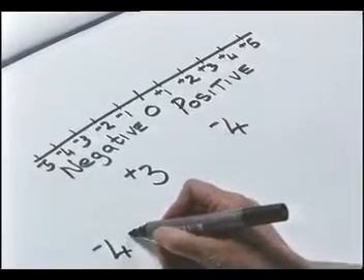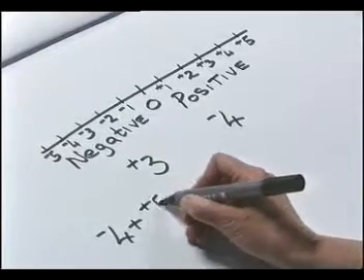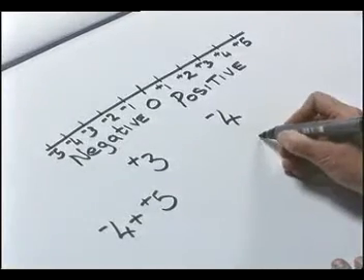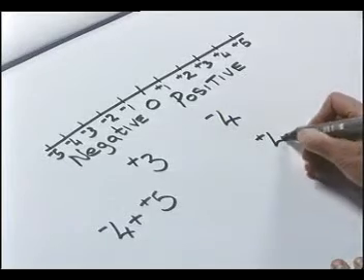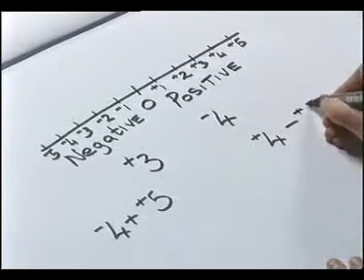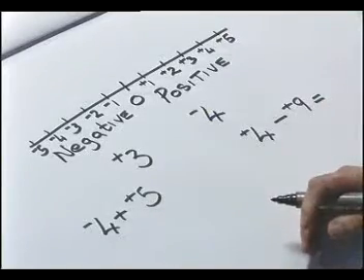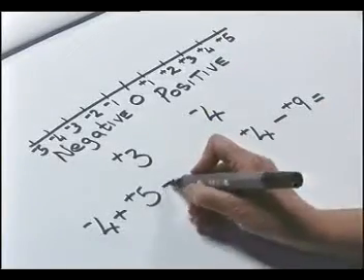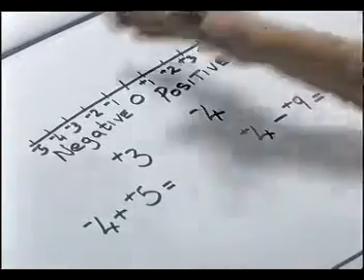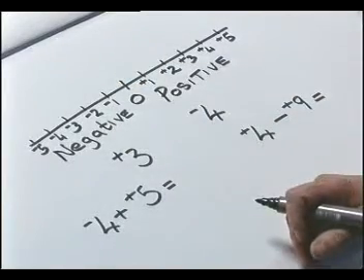If I take these two examples, negative 4 add positive 5 and positive 4 subtract positive 9. If I have those two calculations, what do they work out to be? Well, in the first instance, we can use a number line to help us evaluate them.